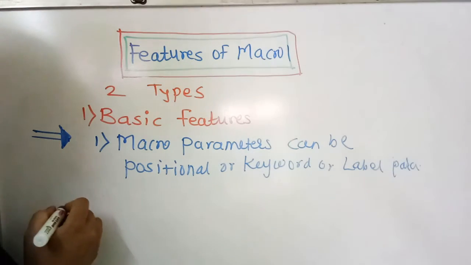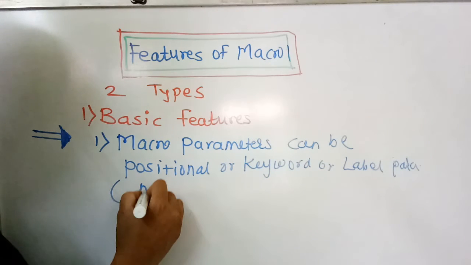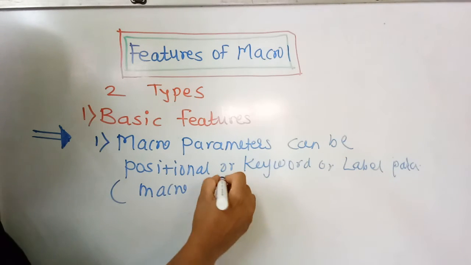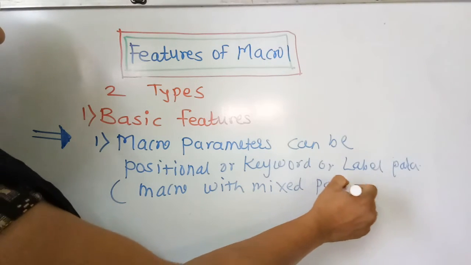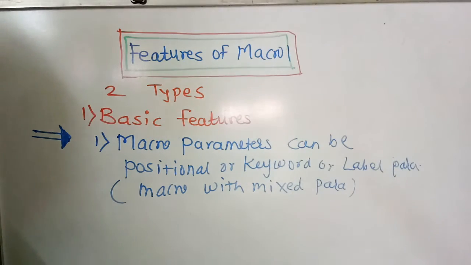Okay, this is nothing but a macro with mixed parameters. What does it mean? The positional parameters can be assigned by actual parameters by their position. Same like that, keyword parameters can be mnemonic or internal register names. They can be instructions or operands. The label parameters should be used in the label field and they should have a unique value in each macro call.